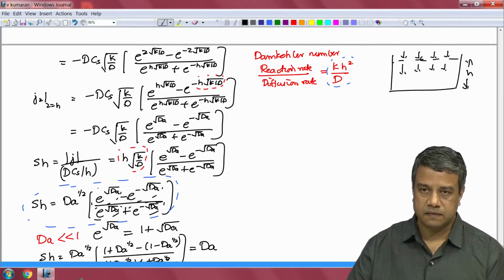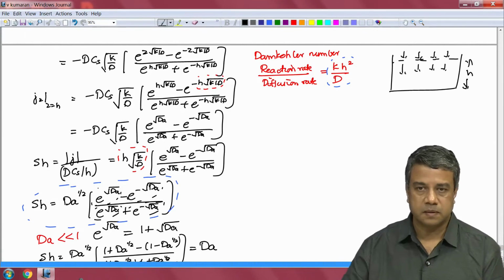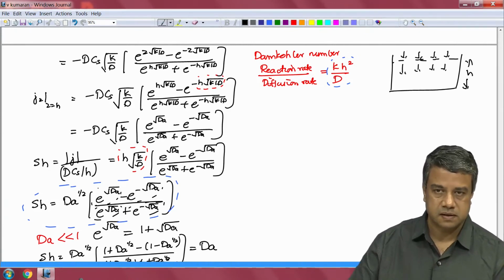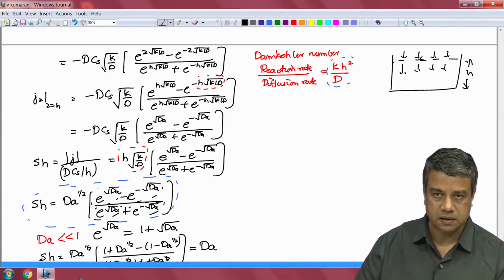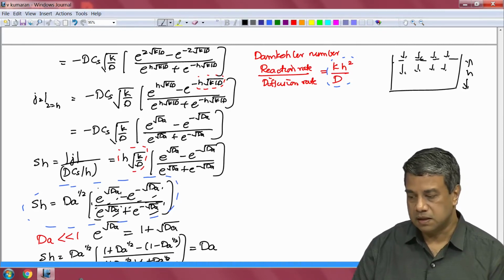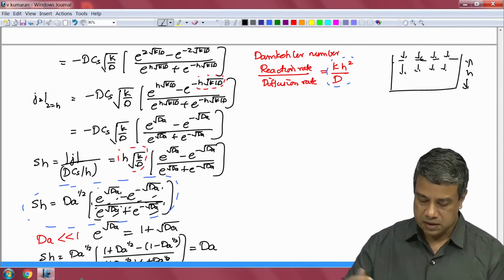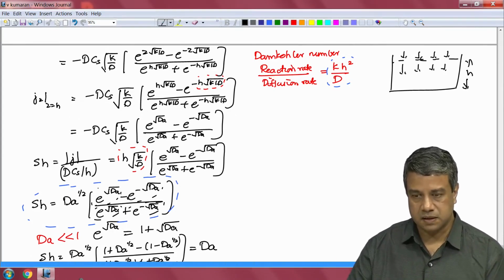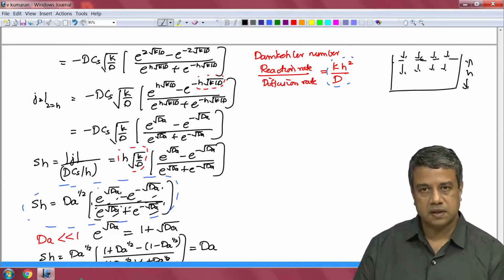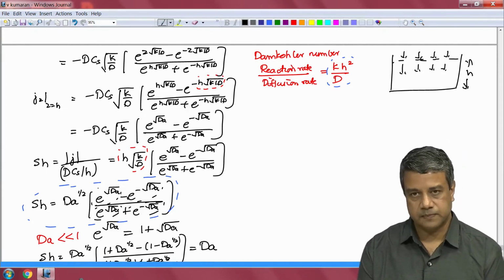Therefore, in the limit of small Damköhler number, the diffusion is dominant and the concentration is nearly a constant throughout the thickness h. The reaction rate is sufficiently slow that the concentration is nearly a constant, and therefore, the Sherwood number turns out to be proportional to the Damköhler number.